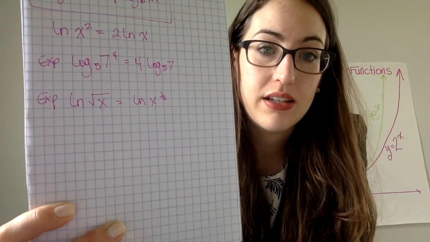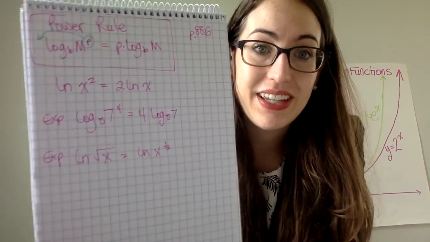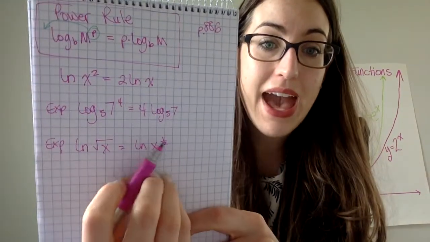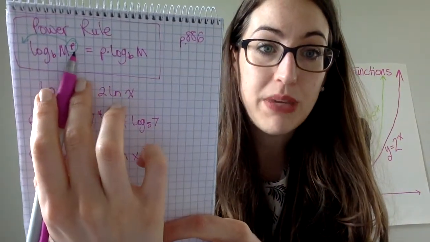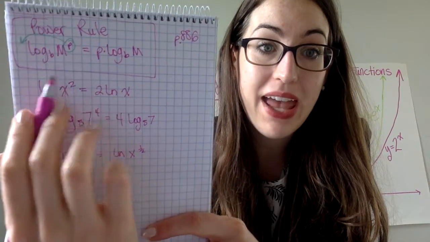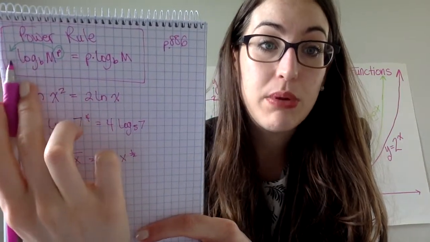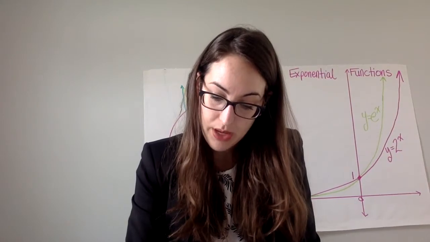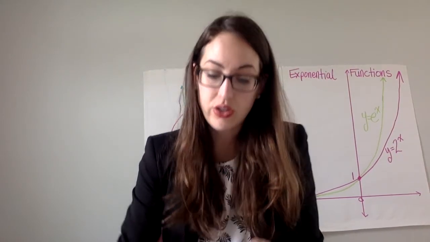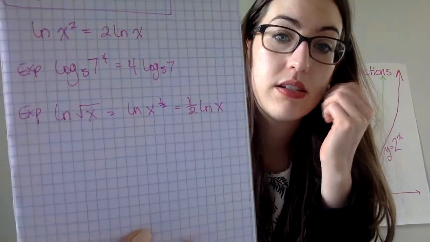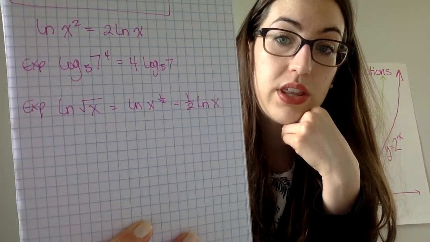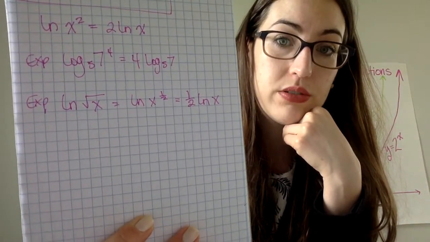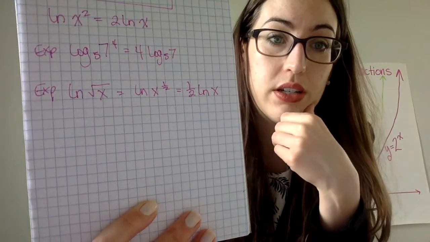It's because now it kind of fits our rule, right? That 1/2 fits into the spot of the p now. So that 1/2 can be brought out front. So let's do it. It's now a big 1/2 times natural log of x. And it's a lot easier to work with and take that problem further, as you will in the future.